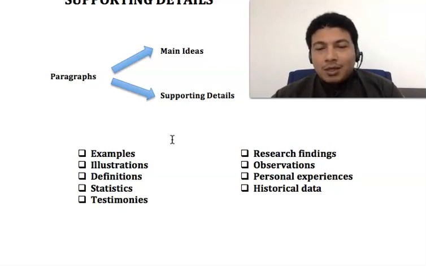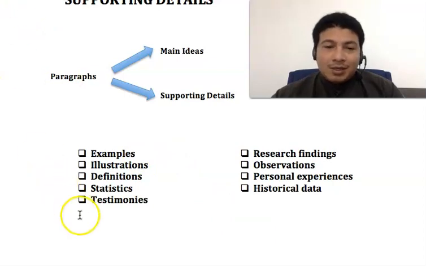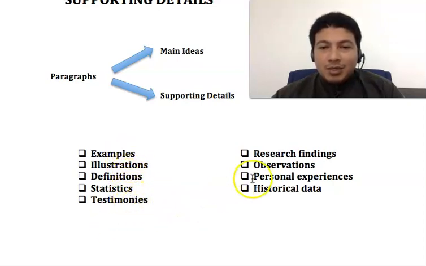And when you are writing yourself, you also could use these types of supporting details to support your main ideas. And in a reading text, when you are looking for information for your assignments or presentations, you can look for examples, illustrations, definitions, statistics, testimonies, observations, and other types of supporting details to support your points in your presentations or in your writing.